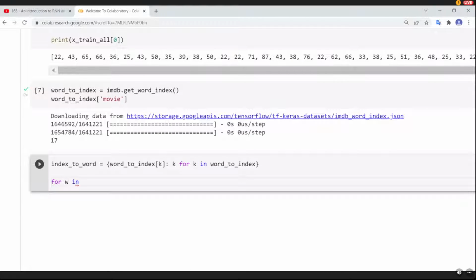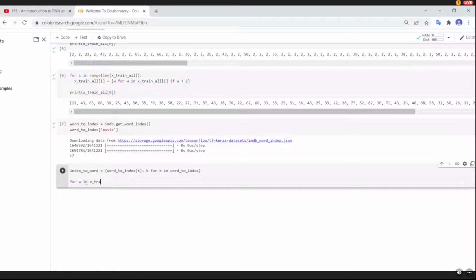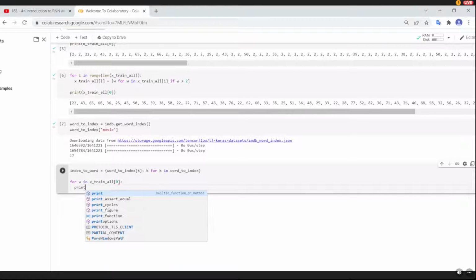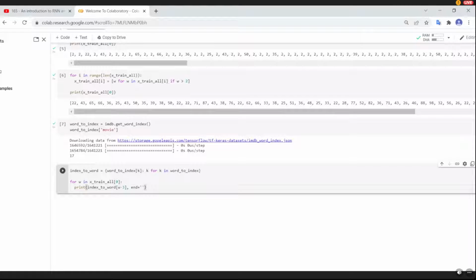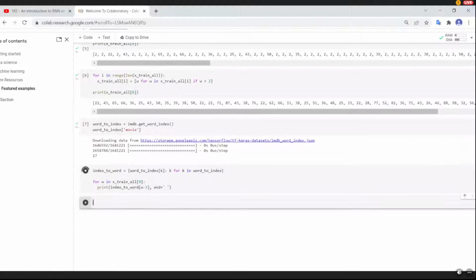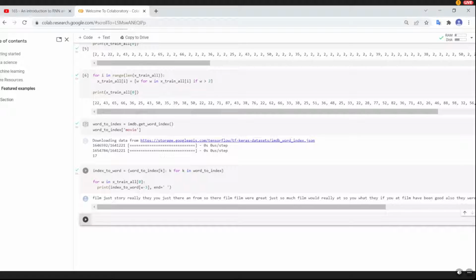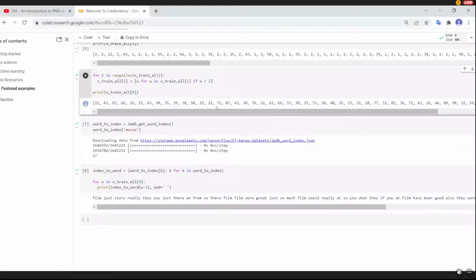For w in x_train_all[0], index_to_word[w - 3]. So what we have in here, we have just converted it.